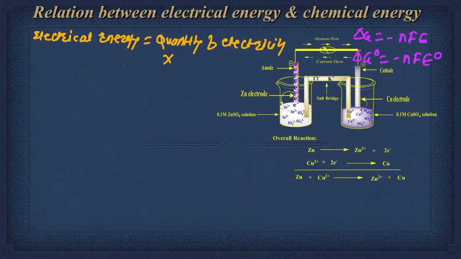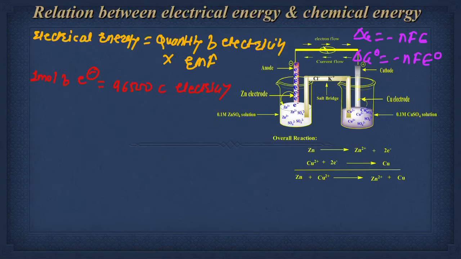multiplied by the cell EMF. Okay, friends, we know that the quantity of electricity passed through the solution means there is a flow of electrons, and according to Faraday, if 1 mole of electrons flows through the circuit, it is equivalent to 96,500 coulomb of electricity.